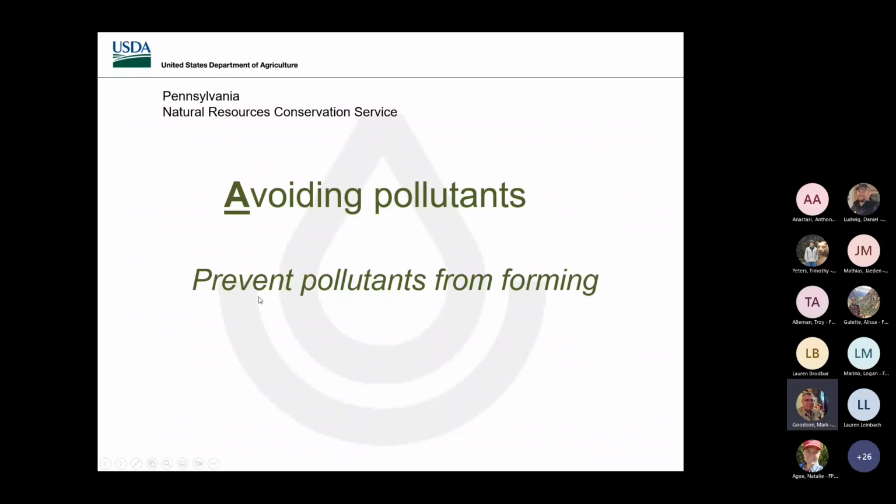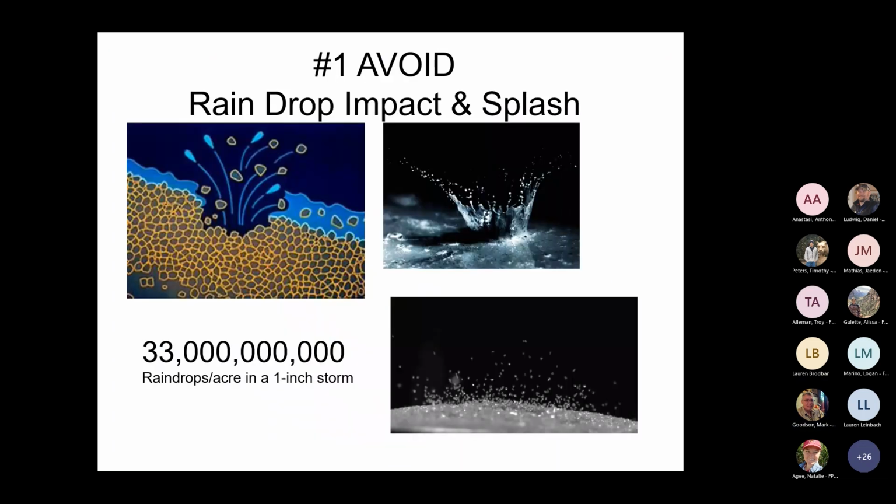Avoiding pollutants. We're going to try to prevent pollutants from forming. Wow. So if we produce less pollutants, we'll have less to control and less to trap. Here's our number one problem, as far as I'm concerned: this raindrop impact on the soil surface and the splashing of the sediment. This is where the sediment comes from.